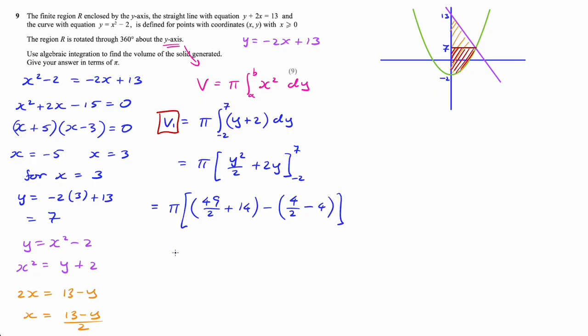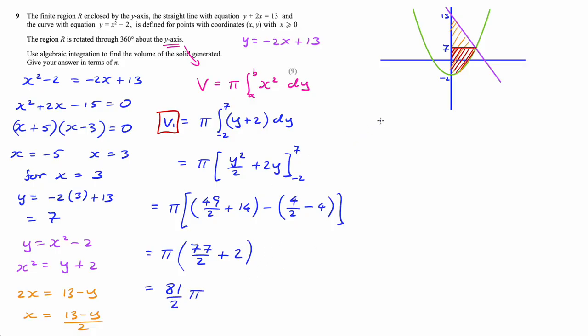Close all this. This is equal to pi times, obviously just use your calculator now, guys, but this is 49 over 2 plus 28 over 2 is 77 over 2. And this is actually 2 minus 4, which is -2, and is minus 2, so that's actually plus 2. 77 over 2 plus 4 over 2 is 81 over 2. So that's 81 over 2 pi. Obviously, guys, feel free to use your calculator.